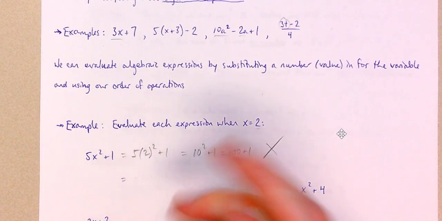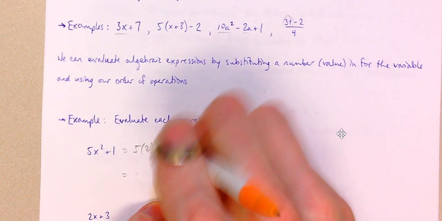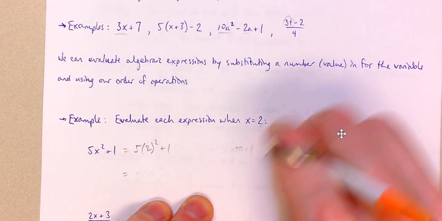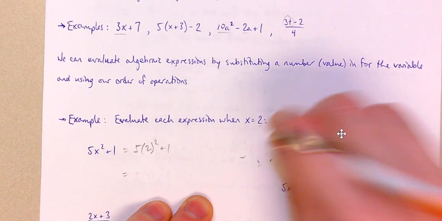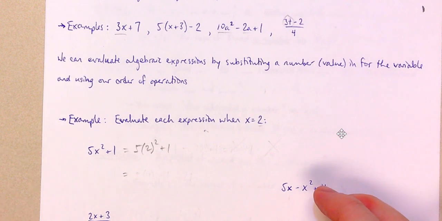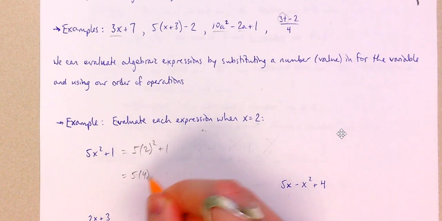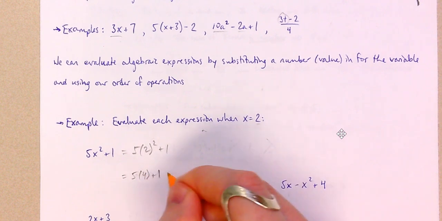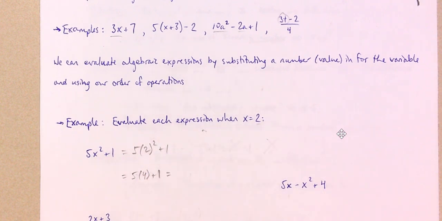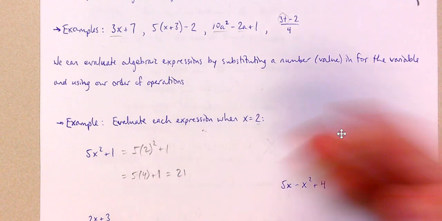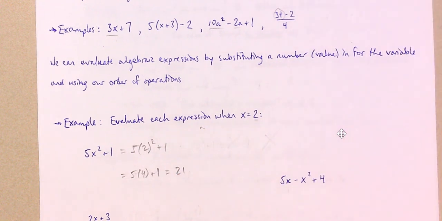So what we actually have here is, after I clear that out, 5 times 4 plus 1. And if we use our order of operations, we see that this comes out to be 21. Do the 5 times 4 first, that gives you 20, and then add on the 1 there.